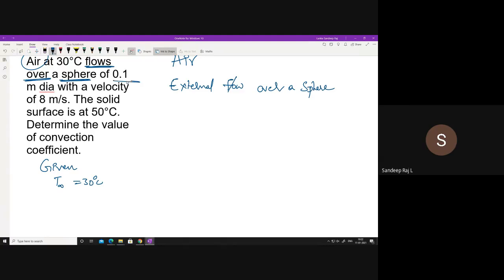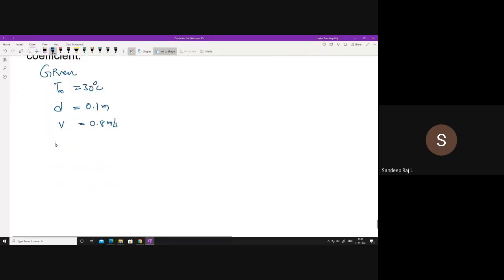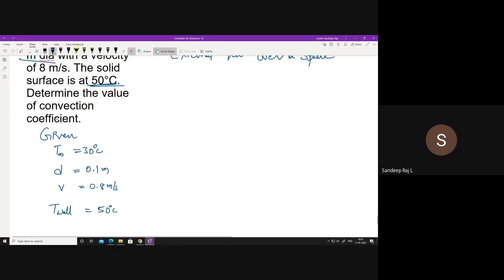The diameter is 0.1 meter. The velocity is given as 0.8 meters per second. The solid surface is at 50 degrees centigrade, so T wall is given as 50 degrees centigrade, and he's asking you to calculate the convection coefficient, that is the H value.